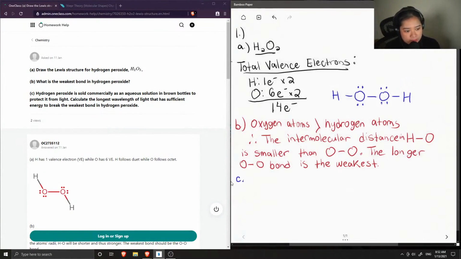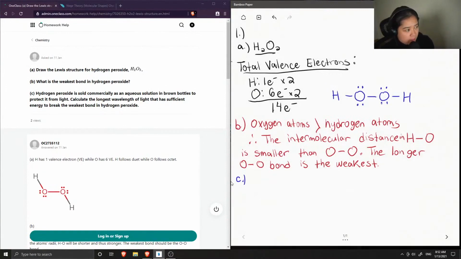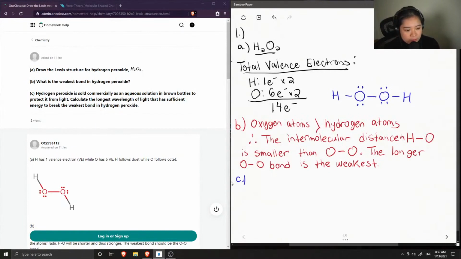So now let's do part C of this question. We need to calculate the longest wavelength of light that has sufficient energy to break the weakest bond in hydrogen peroxide. So to do this question, let's first recall this energy equation, where energy is equal to Planck's constant times the speed of light divided by your wavelength.